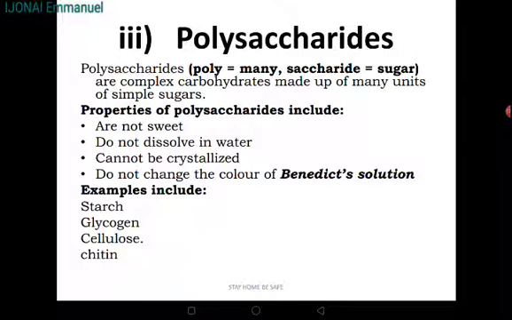And then we have cellulose, which is also found in plants, especially in the cell walls of the plants. Then we have chitin, which is found in the cell walls of the fungi and also the exocuticles of the arthropods. So those are some of the examples of polysaccharides.